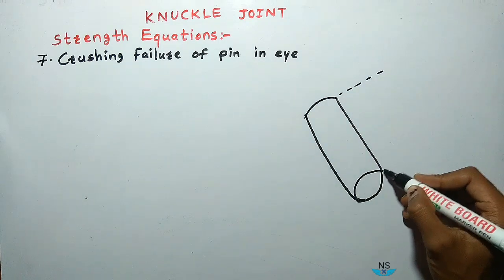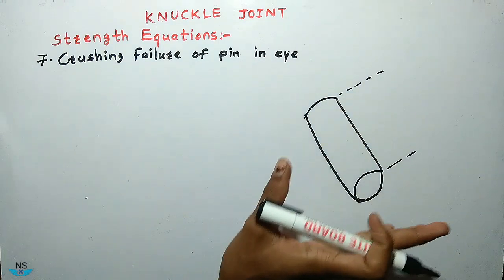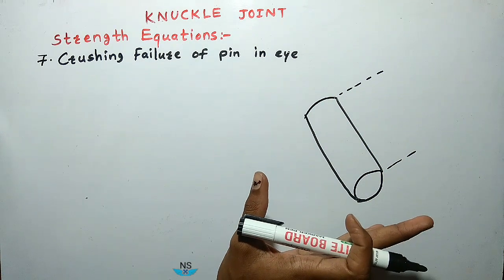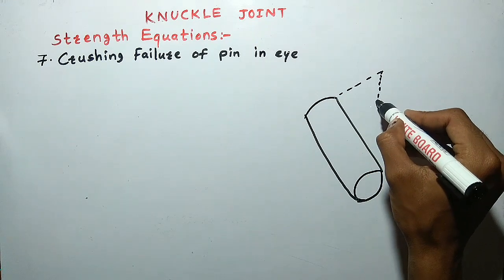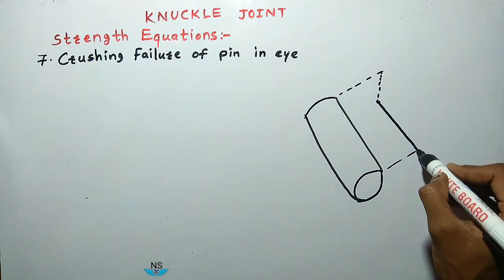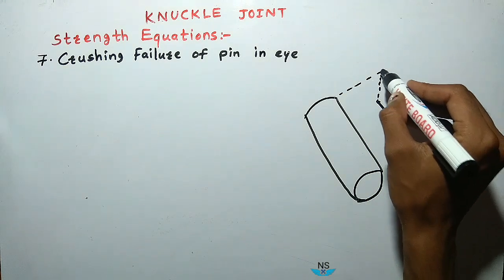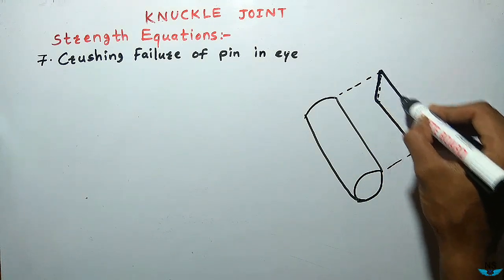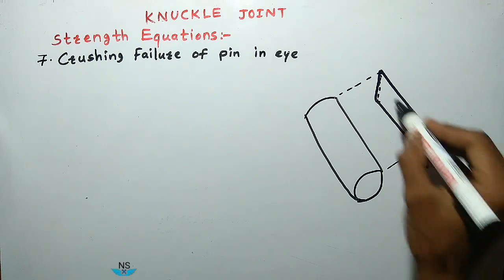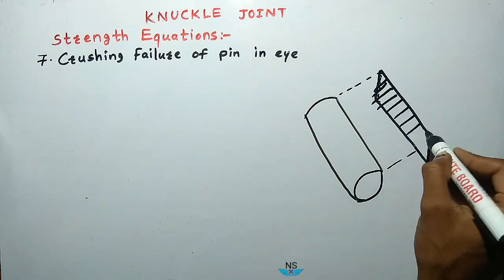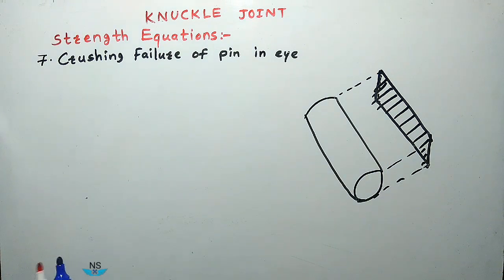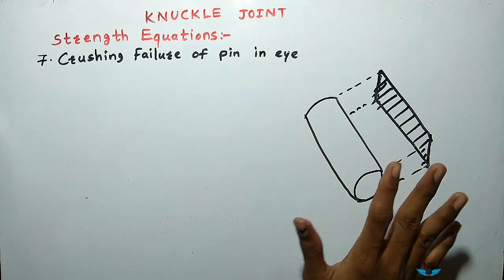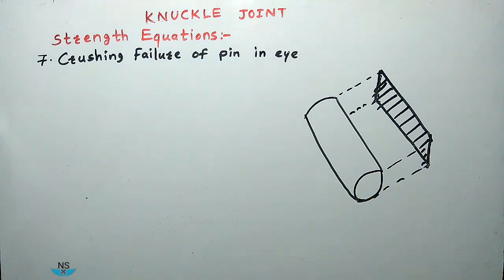So let us draw the rectangle. From this side, you can see the rectangle. This is the crushing failure area, projected area. Projected area is the crushing area. So in eye and fork, similar failure will take place.